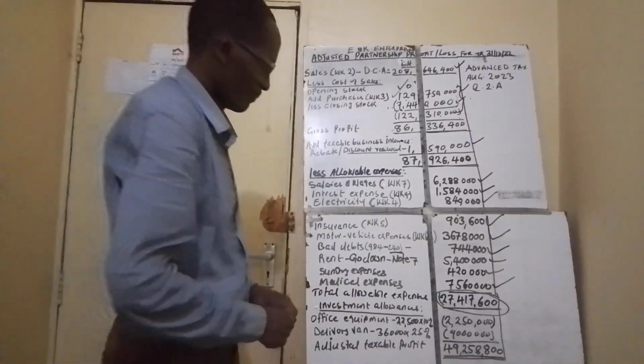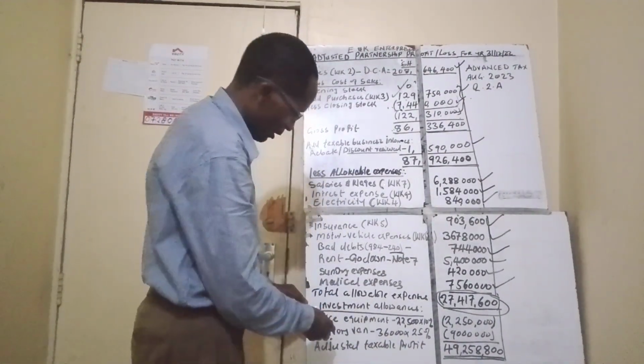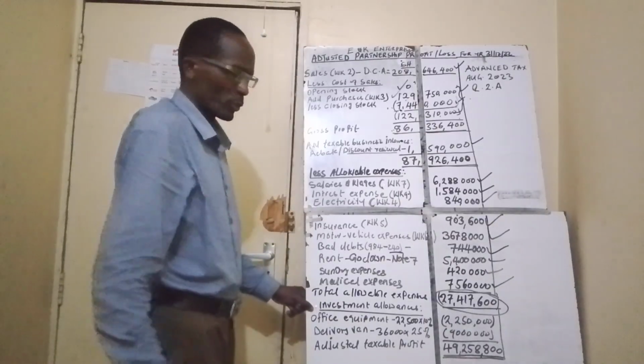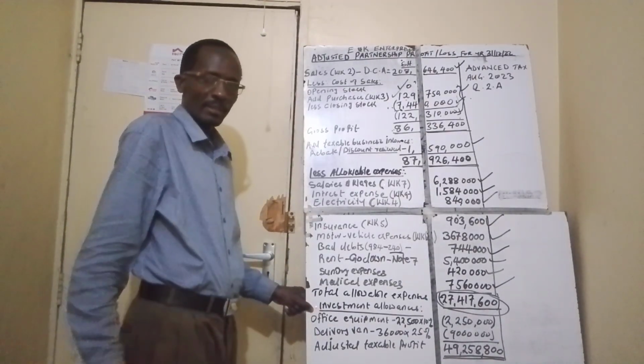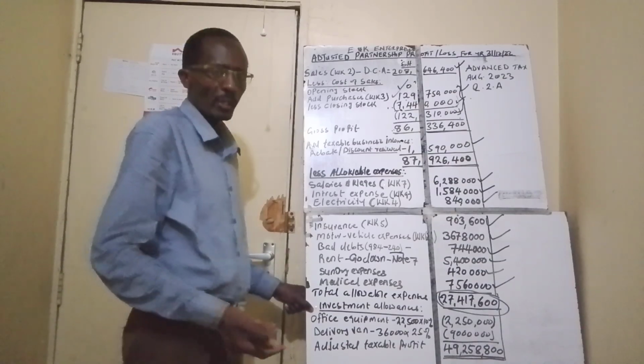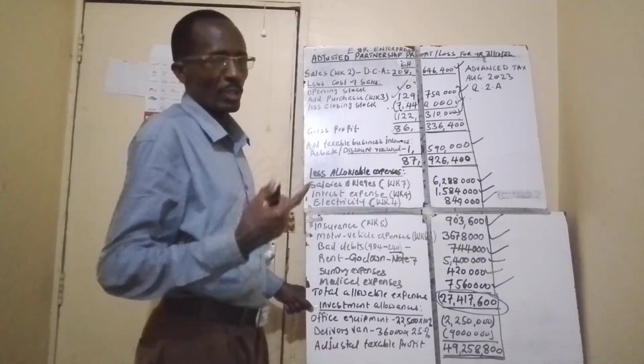So those items, what you ask for is investment allowance. So investment allowance will reduce your tax liability. So office equipment, we usually use 10%. You find in the capital allowances rates that the examiner will give you, page 1.